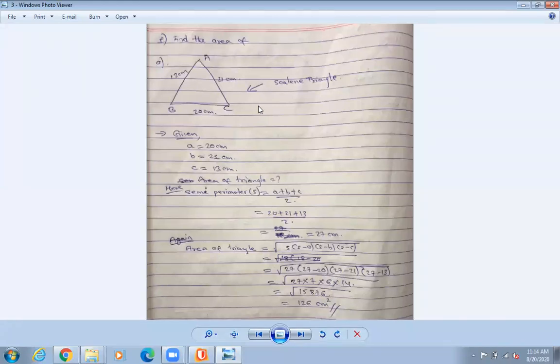That means it is not a right angle triangle, and the formula with theta is also not applicable. So either it is a scalene triangle, equilateral triangle, or isosceles triangle. Which triangle is it? All sides are equal, or what? 13, 21, and 20 is there. So which triangle is this?